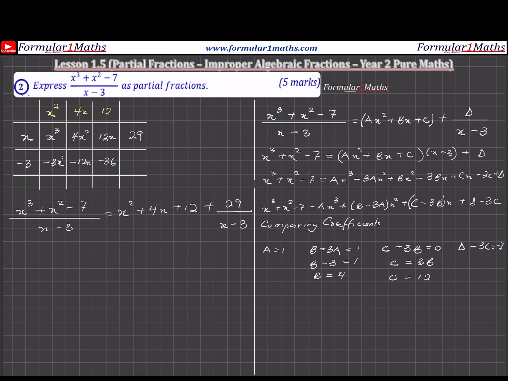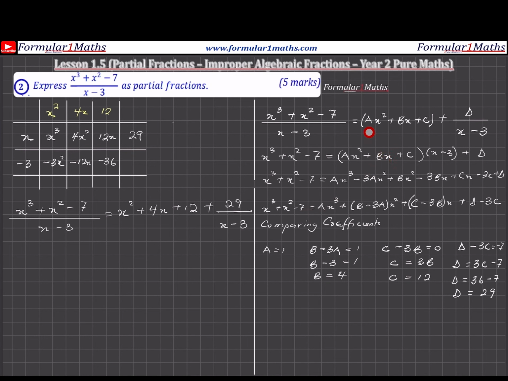That means d is equal to 3c minus 7. But c is 12, so d is equal to 3 times 12, which is 36, minus 7. And d is equal to 29. So now I've got all the values of a, b, c, and d.